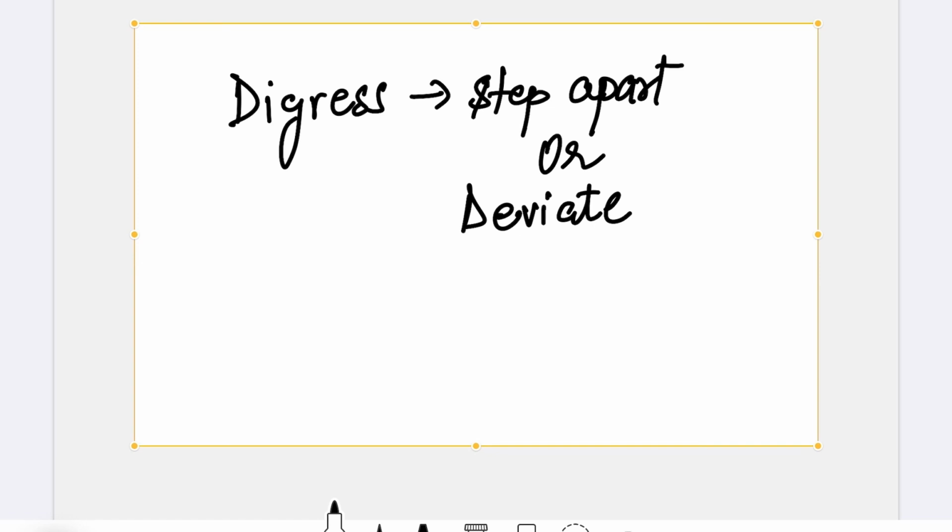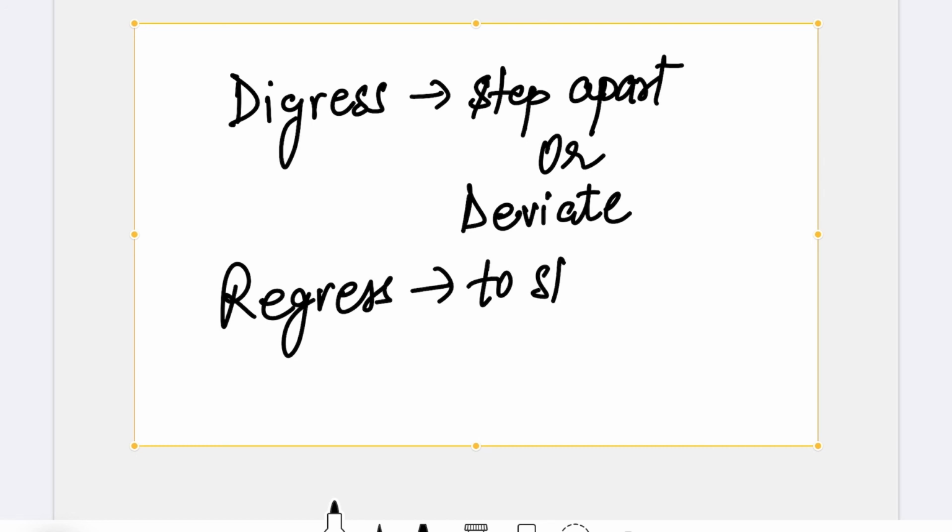Okay, what about stepping back? We have learned to step in, to step out, to step apart. What about stepping back? The word is regress. Regress means to step back.